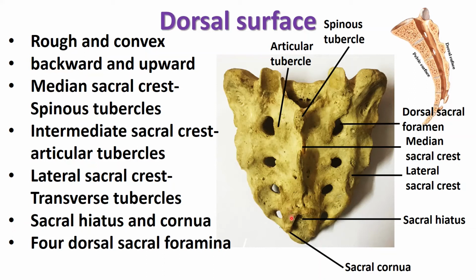The inferior articular processes of the fifth sacral vertebra are free and project downward at the side of the sacral hiatus, known as the sacral cornua, which is connected to the coccygeal cornua by an intercornual ligament.